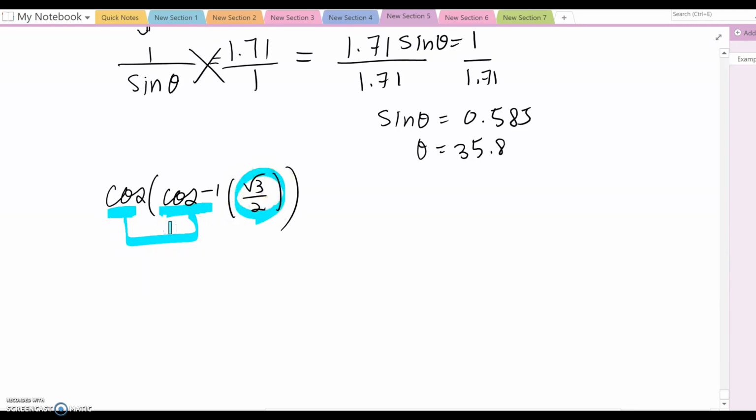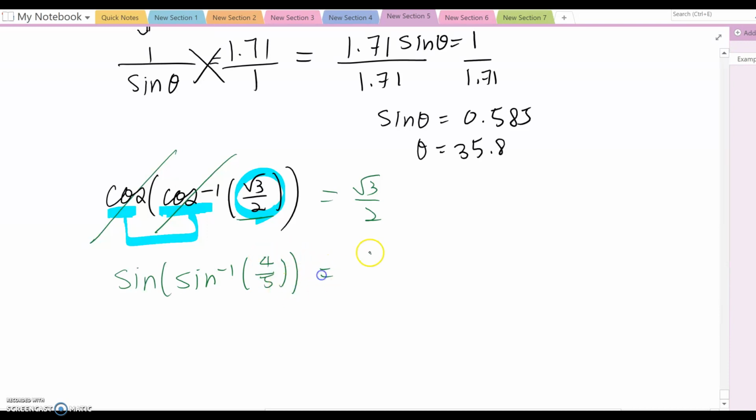We learned that when any inverse functions are applied to each other, x is the answer, and this time x equals this value. So in this case, you just cancel this out, then root 3 over 2 will be the answer. The same as maybe sine inverse of 4 over 5. Then just 4 over 5 is the answer.